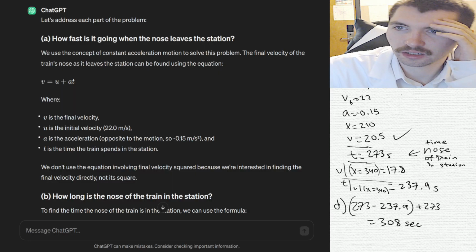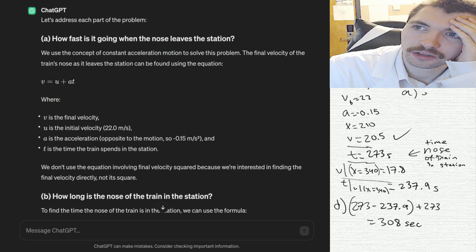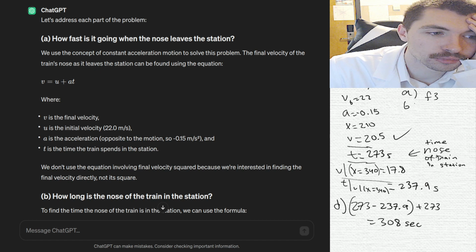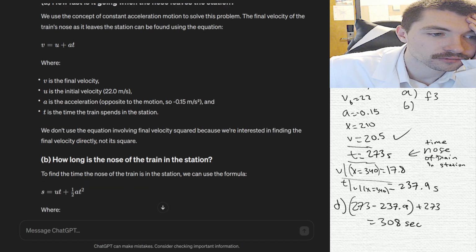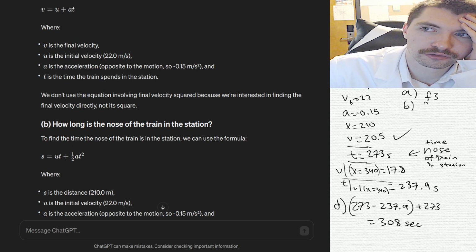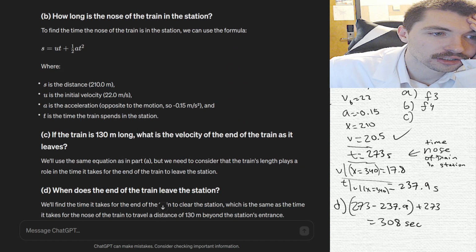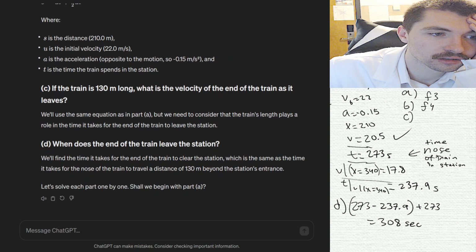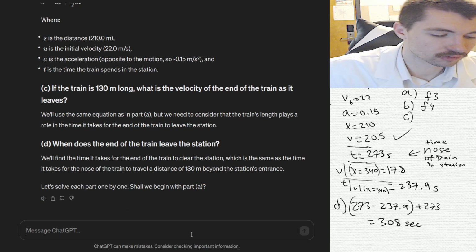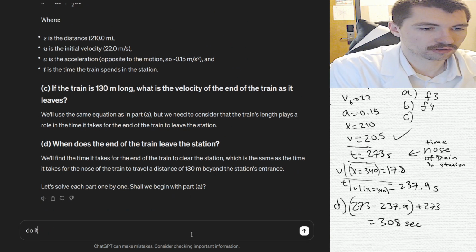So it's saying A is using F3, B it's using F4. Okay, C, do it all.